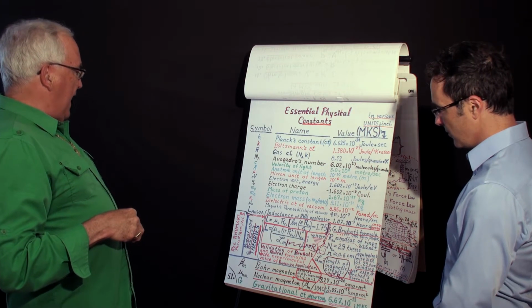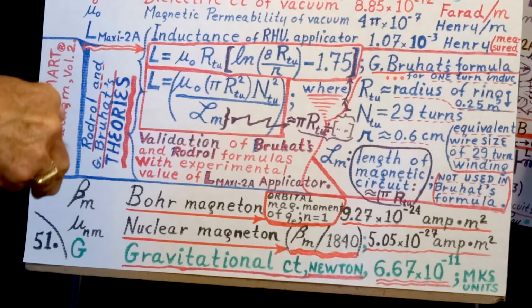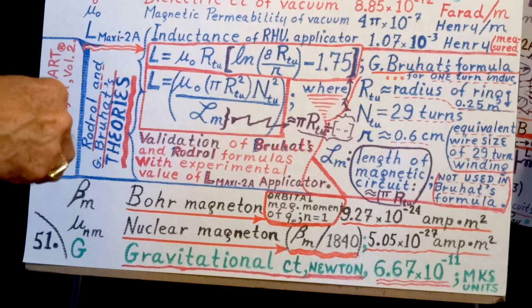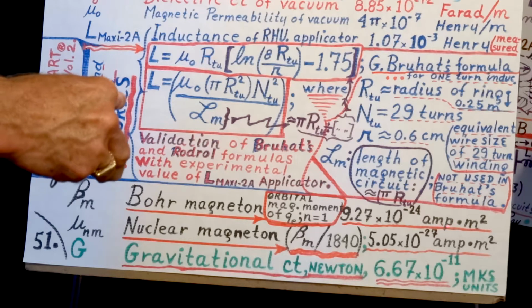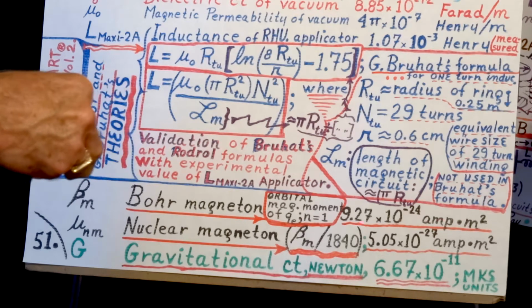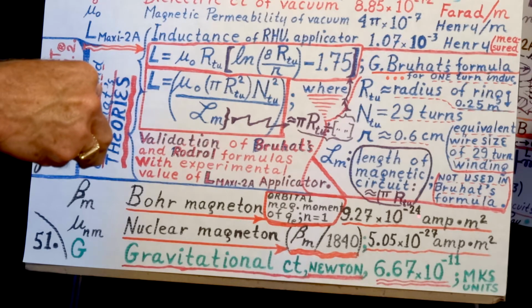Okay, Bm is what we call the Bohr magneton. This is the magnetic moment of the electron going around a proton; it creates a magnetic moment perpendicular to this, and that's the value. In ampere square meter, it's 9.27 times 10 to the minus 24. So it's very small.